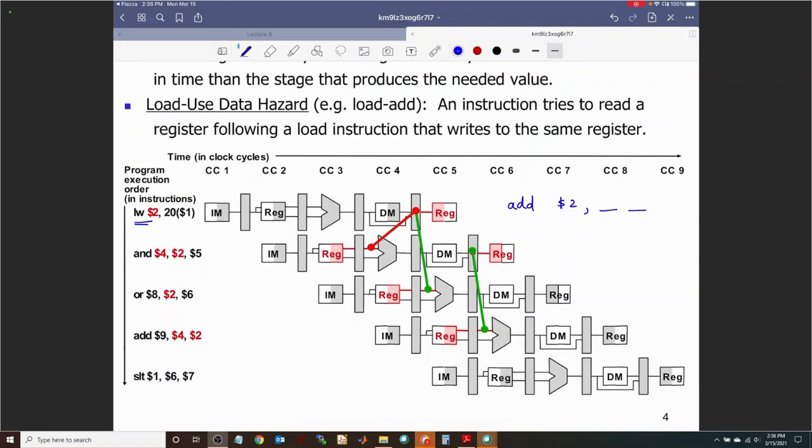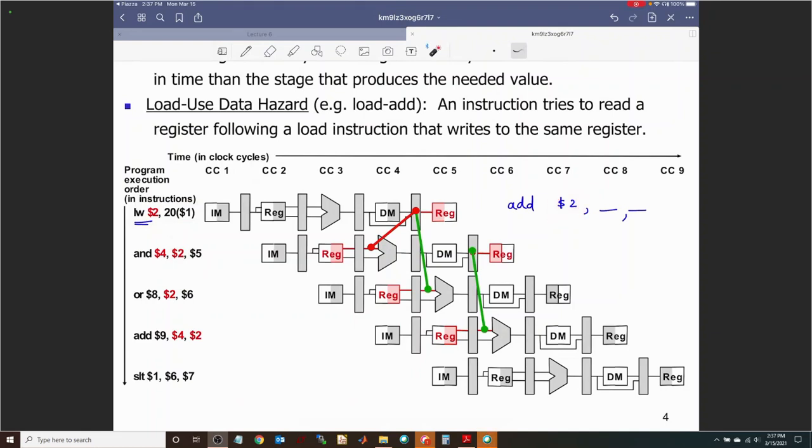Some other registers are functioning as source, but if we are trying to write to $2 in the first instruction instead of load word, and right in the second instruction we are using the same register, right? So that was a problem. That was what we tried to fix last time. But the thing to note here is, when is this ready? When is the content to be written on $2 ready?